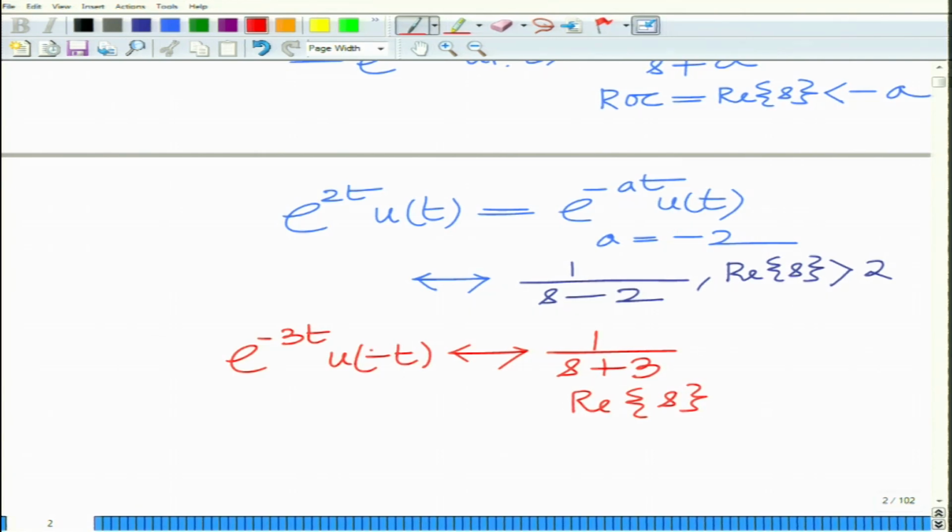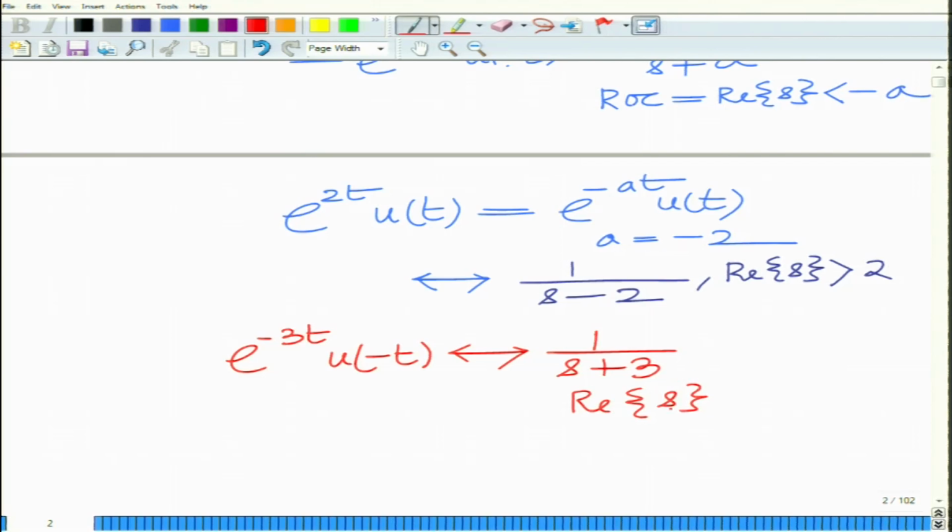Remember, u(minus t) is equal to 0 for t greater than 0, therefore, this is a left handed signal. So, the region of convergence is of the form real part of s less than minus a, that is, real part of s less than minus 3.